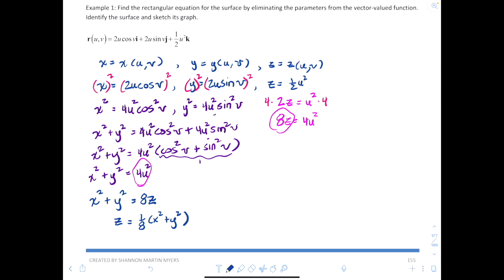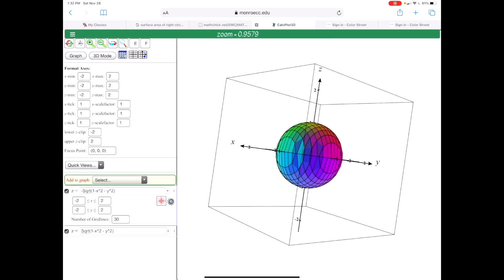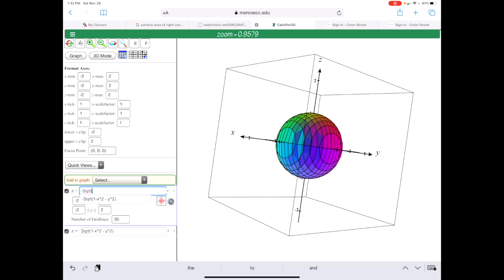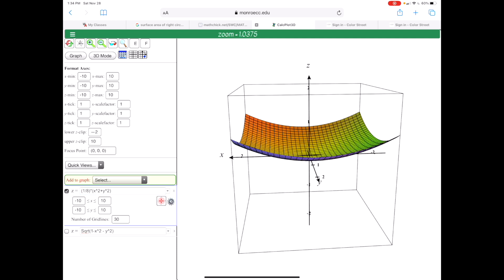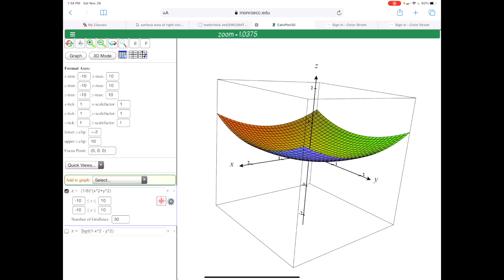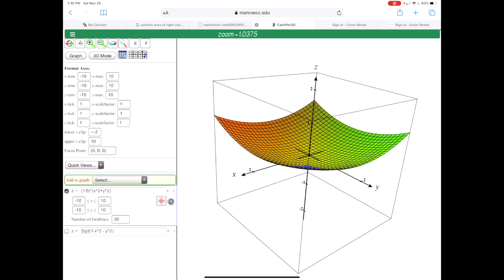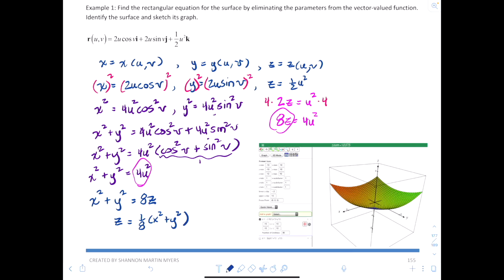Let's see what the graph is going to look like. Okay, so there's our paraboloid.